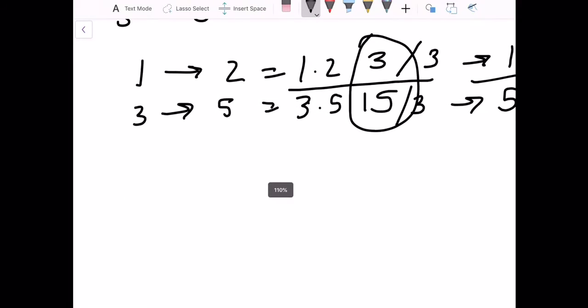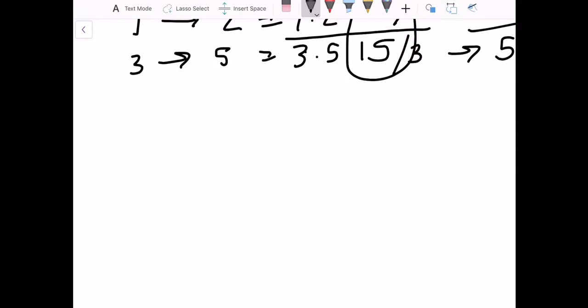Now, in some problems, you might be able to do some cross-simplifying. In this problem, 1/4 times 2/7, we see that the 2 and the 4 have something in common.